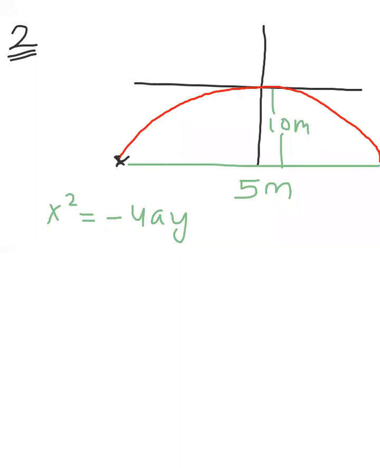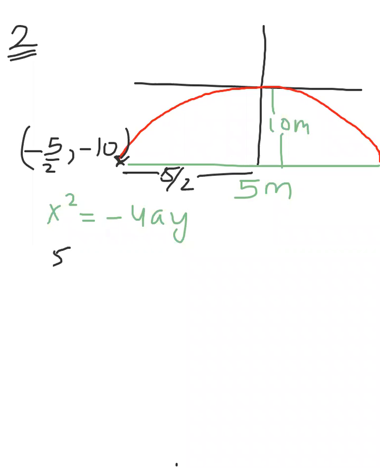So this point will have coordinates (minus 5 by 2, minus 10). Total is 5, so half will be 5 by 2, and depth minus 10. So this point lies on the parabola. Let us put these values.